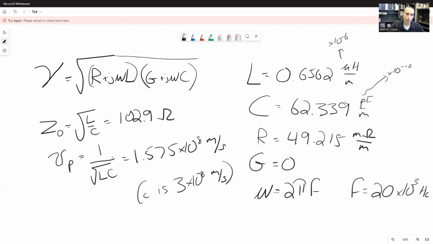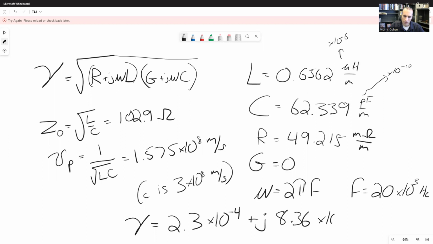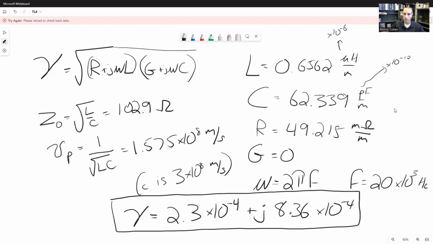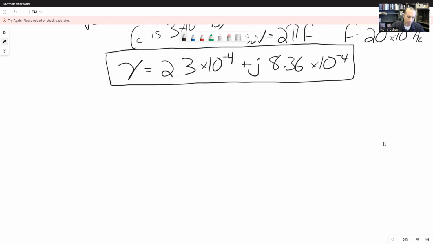Plug all these numbers into our formula for gamma, and gamma works out to be 2.3 times 10 to the minus 4 plus j times 8.36 times 10 to the minus 4. That's the value of gamma that we get from that equation up top. Once we've got this, we're ready to run with it. So let's place that up here.